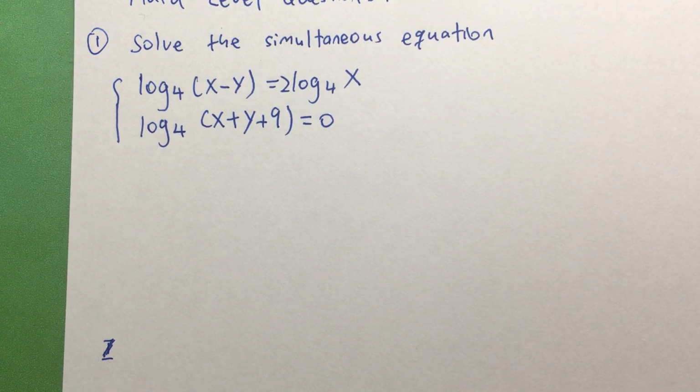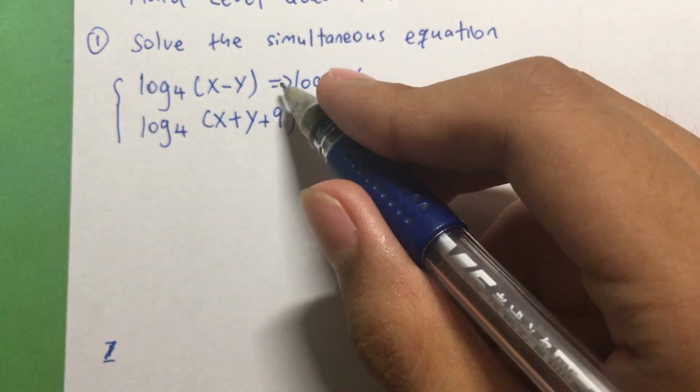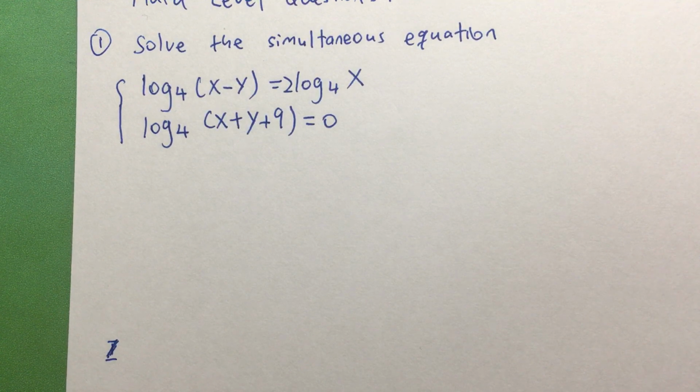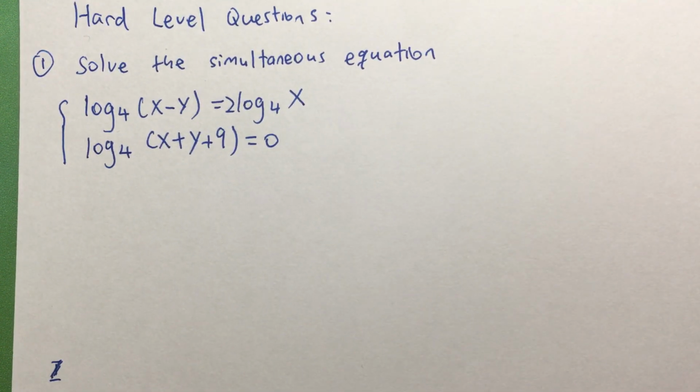Our aim is to try to cancel y, so we can get an equation that only contains x. That is called elimination, right? But here there are logs inside, so what should we do? We can't solve it in the usual ways, right?